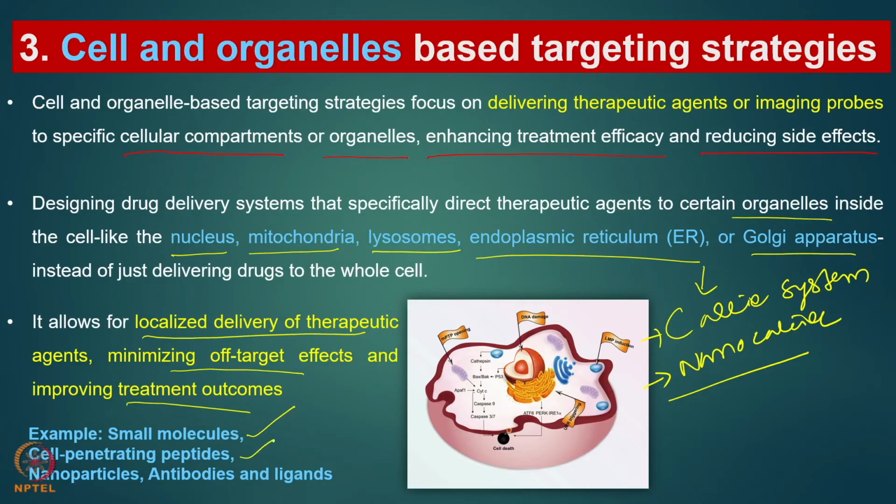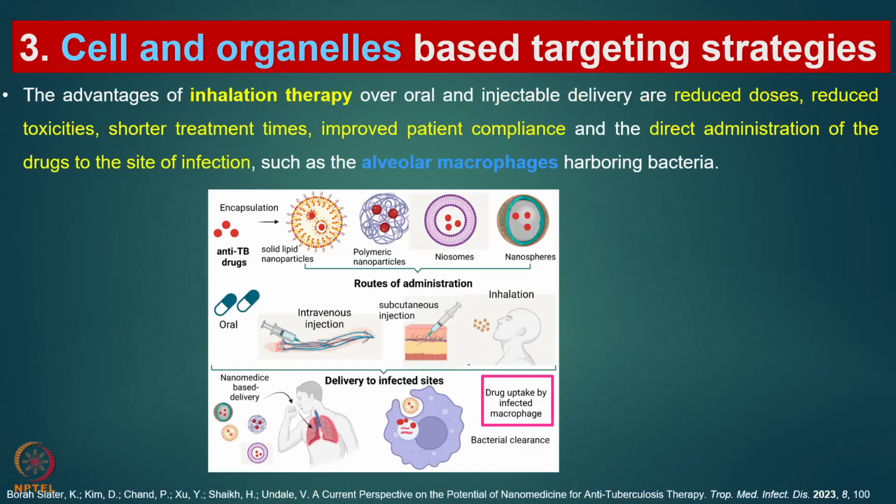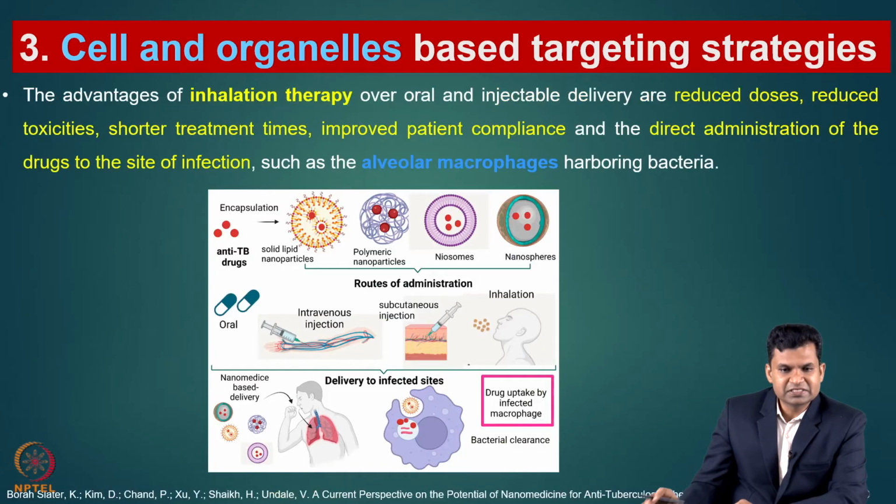By using cell penetrating peptides which will cross the cell membrane, we can also reach the cells. By using nanoparticle carrier systems and antibodies, and by using functionalization with ligands, we can also reach the cells and organelles. So, this is the third strategy.